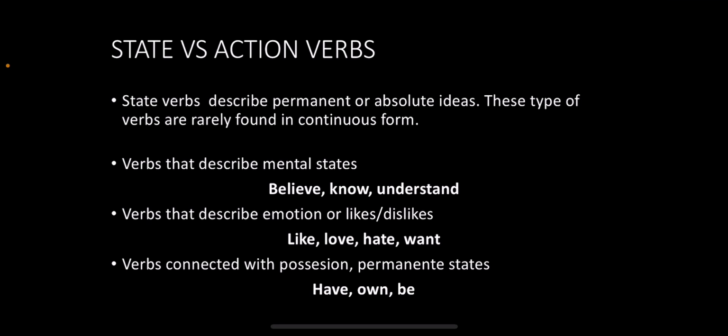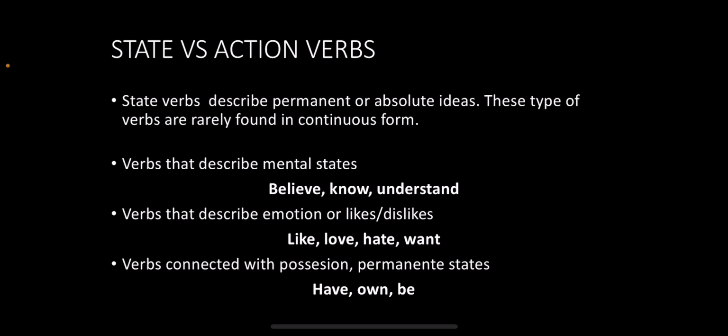How can you express that? Well, you need to use another verb. And the correct verb to express that is enjoy. So you can say, I'm enjoying my hamburger. It's so delicious, right? Think about it. Like, love, hate, want. It's not very possible that we put ing or we use them in continuous form.